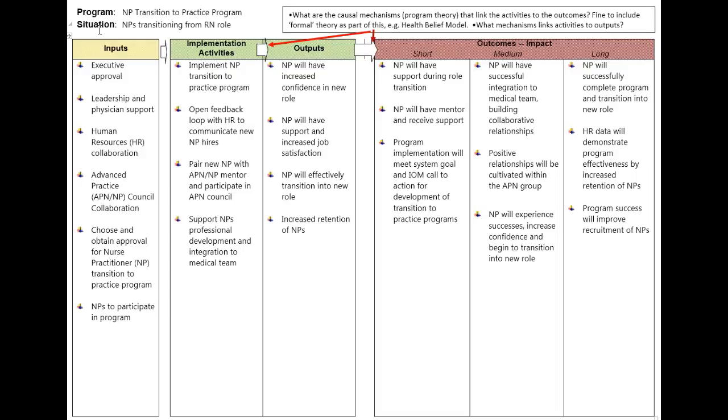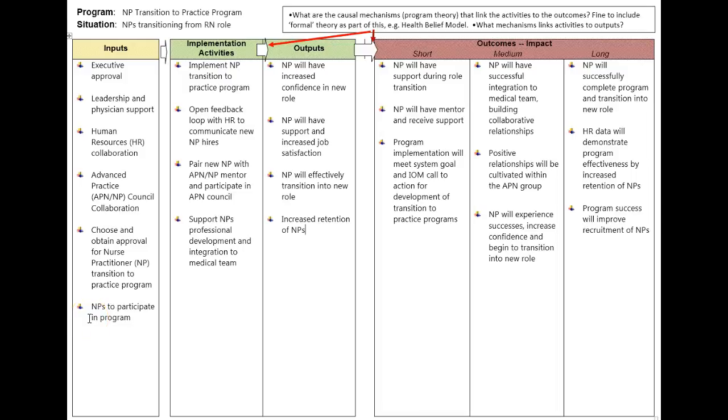So let's just take a look at some of what she has in her input section, and here you see the necessity for getting a program off the ground of approval from important stakeholders, support from important stakeholders, collaborating with these important entities, and obviously getting approval to do the program, and then people who will actually participate in your program.